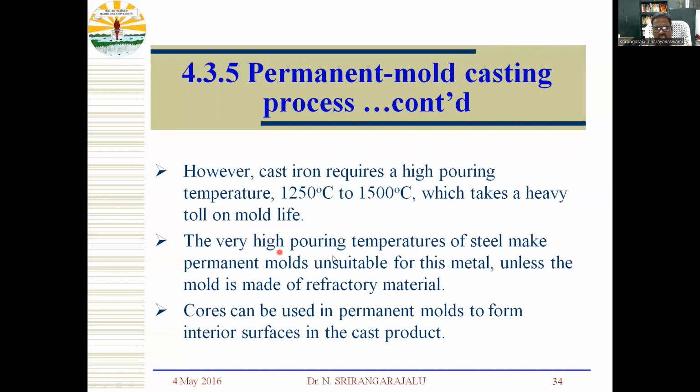The very high pouring temperatures of steel make permanent mold unsuitable for this metal unless the mold is made of refractory material. Cores can be used in permanent molds to form interior surfaces in the cast product.